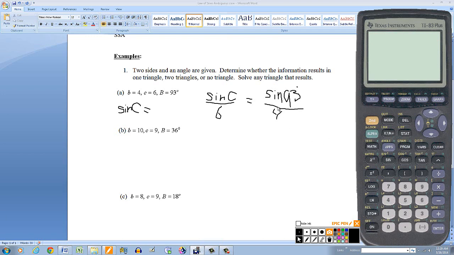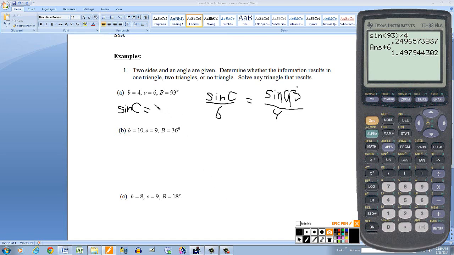So I have the sine of 93, and I don't need the degrees because the calculator knows it's already in degrees. The sine of 93 divided by 4 is that number there. And then to solve for the sine of C, I have to multiply both sides by 6. So I just hit times 6. I get 1.49. Let's just round that up to 1.5.